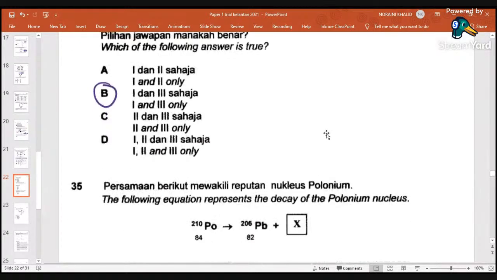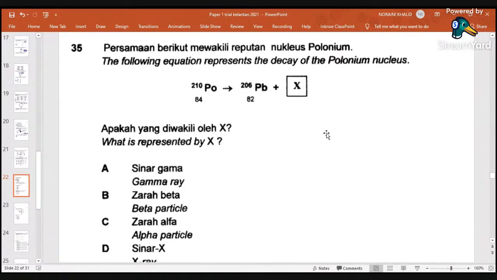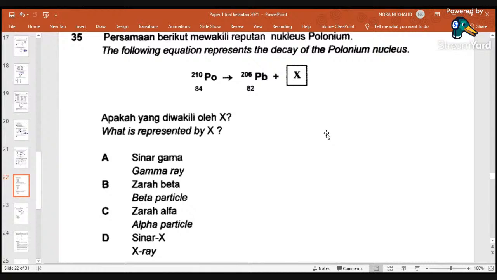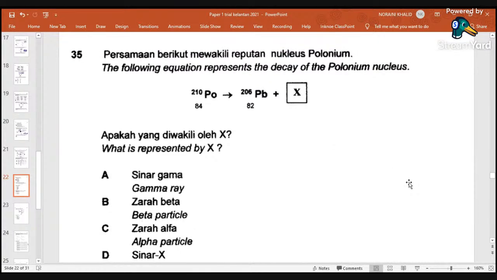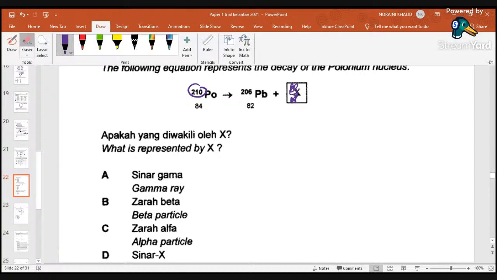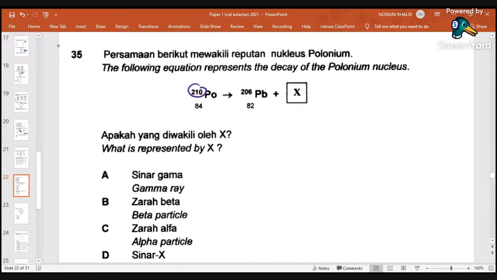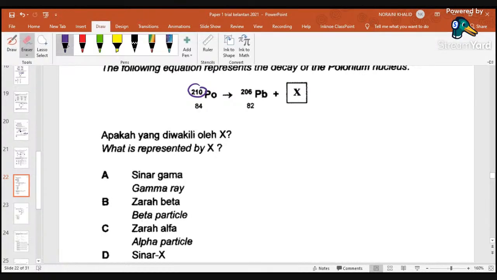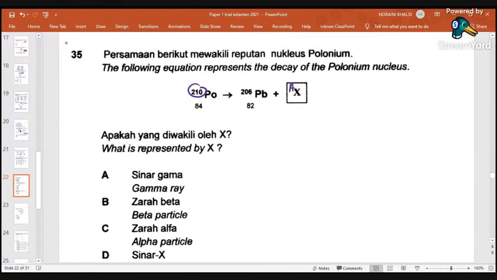Okay, number 35. The following equation represents the decay of a polonium nucleus. What is represented by X? How to find X? Let's say X is A Z X here.